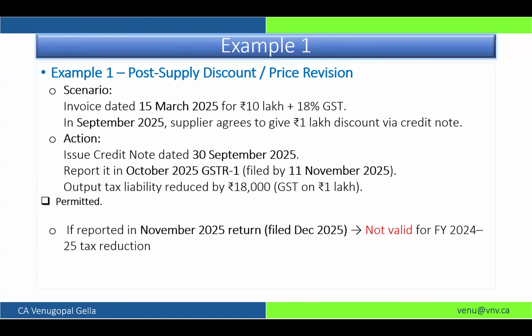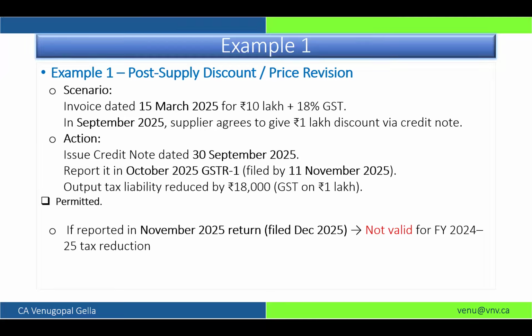Now, the issue date of the credit note is 30th September. Technically, it can be 30th October also. So, one is the date. Now, having issued, it should be reported in the October return, which is filed by 11 November. So, by then, if you issue, the supplier can reduce the liability.